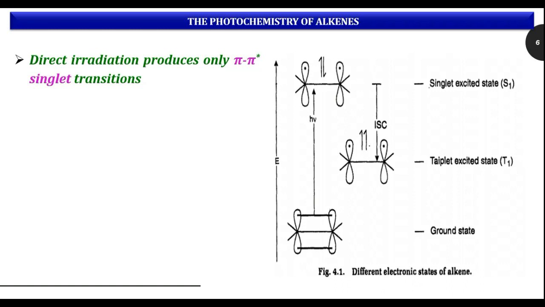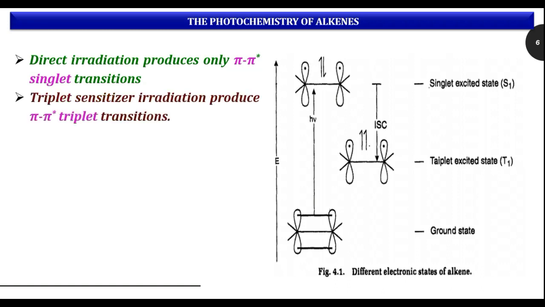When you do the irradiation in presence of triplet sensitizer, it is going to produce pi to pi star triplet transitions. That means you have to irradiate with triplet sensitizer. So then it is going to form triplet excited state or triplet transition state.